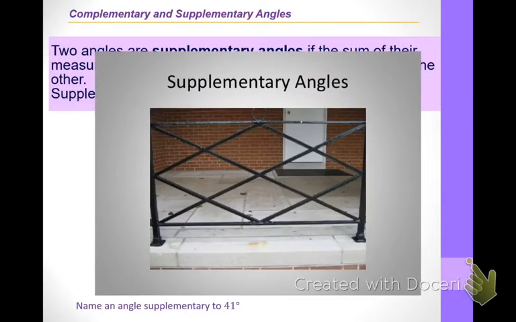I believe I show you an example. You could actually find both supplementary and complementary angles here. You're looking at the bars, right? This is like a fence, like a wrought iron fence. So these would be supplementary. These two angles come together and they form a straight angle. You can look at that. These two angles would also come together and form a straight angle. Y'all see them now?